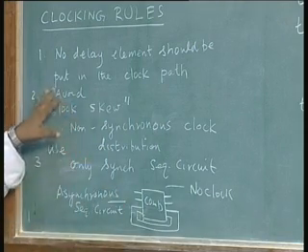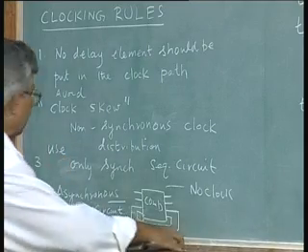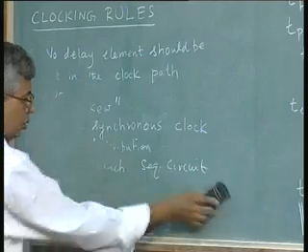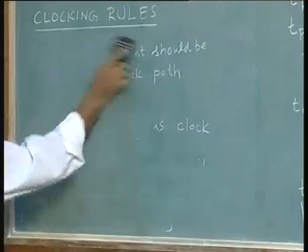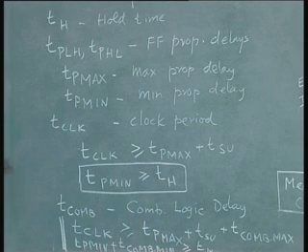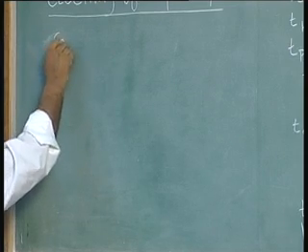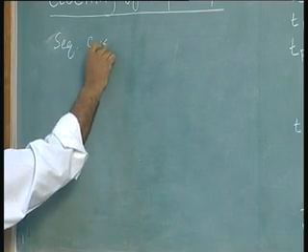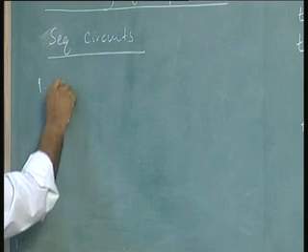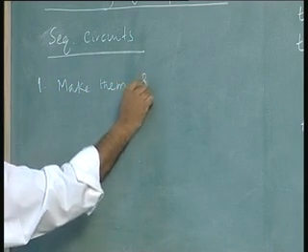So, let me rewrite these same things. I have just sort of haphazardly developed this. I will not even say clocking rules. One, synchronous sequential circuits: make them synchronous as far as possible.